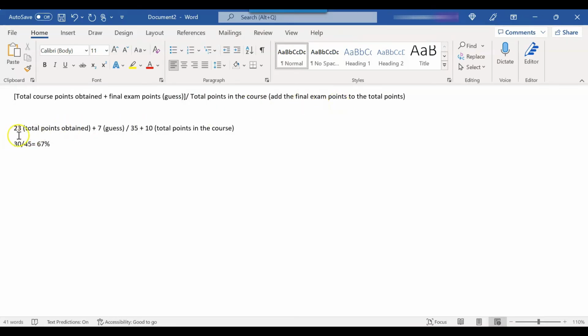You can see here, 23 are the points that were obtained, plus 7, that's a guess, so it's 7 out of 10 points. This could be 8, 9, or 10, or even lower. Divided by 35, those are the points obtained on all the assignments, plus the 10 points for the final exam. So that's 30 out of 45, which is about 67%.